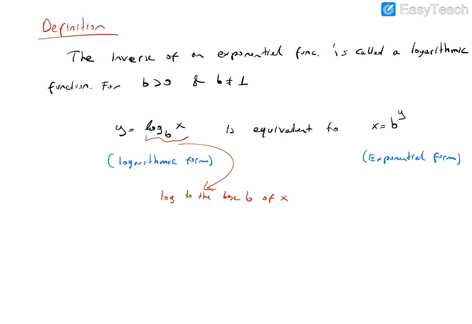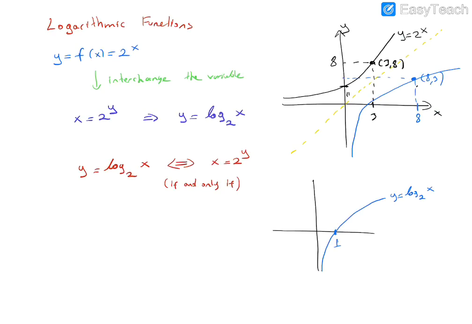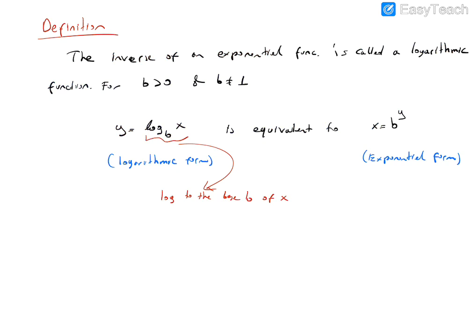The domain of the logarithmic function is the set of all positive real numbers. From this graph you can observe that for negative values of x it is not defined. So the domain of the logarithmic function equals the positive real numbers, which is also the range of the corresponding exponential function.